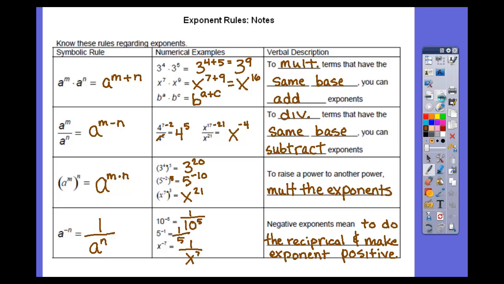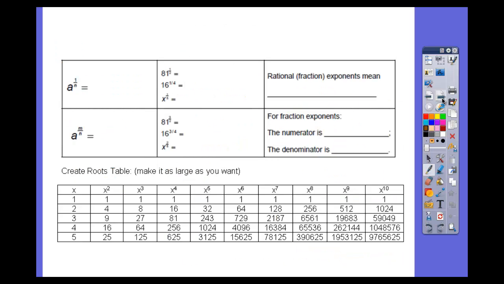These last two rules, I put them on a separate page, and the reason being is because we're going to use this roots table down here to be able to look at that. Whenever you're dealing with a fractional exponent, the top is what we like to call the exponent, and the bottom is what we like to call the root.